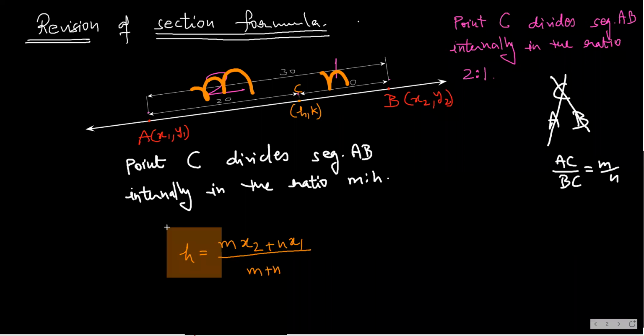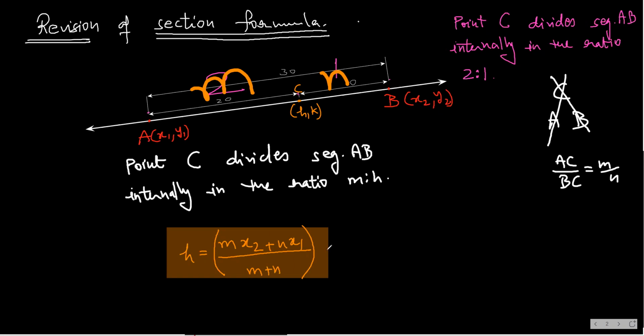What you need to follow here is that when you are writing the x coordinate of point C, you are using only the x coordinates in the formula. Okay, mx2 plus nx1 upon m plus n.